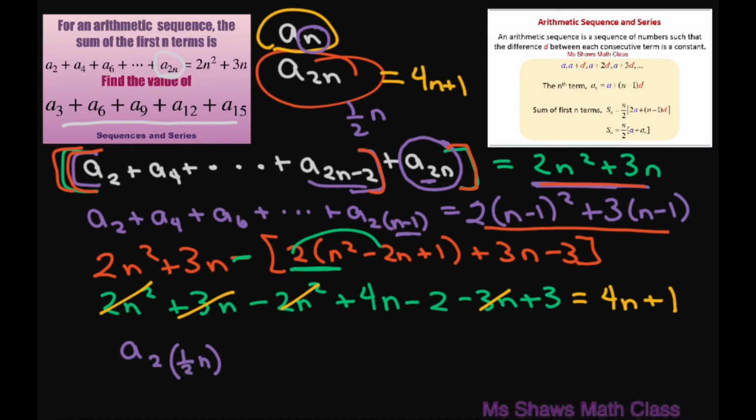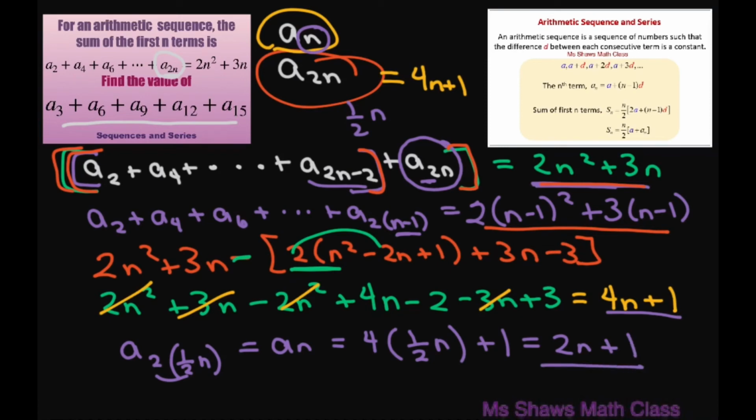Kind of looks funny, but there you go. That's going to equal a sub n, right? Because when you multiply these two, you get n. So this is going to equal 4 times 1/2 n plus 1, and this gives you 2n plus 1. All right, so now we have a sub n.